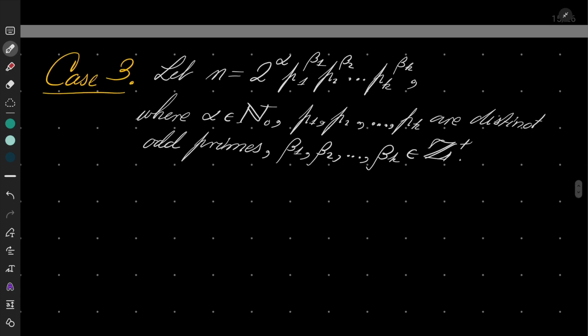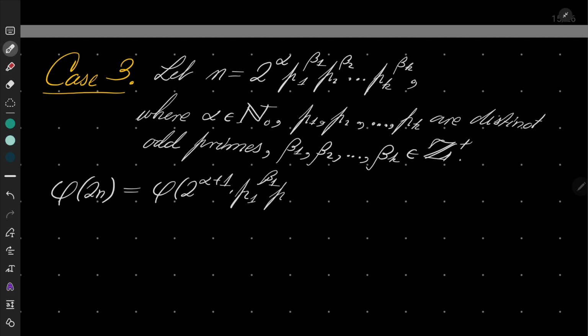Okay. And now, let's see. Phi of 2 times n. What is that? Phi of 2 times n is the same as phi of 2 to the power alpha plus 1, p1 beta 1, p2 beta 2, and so on, pk beta k.